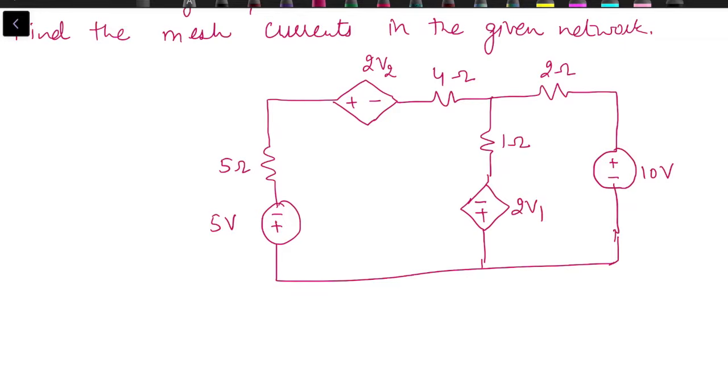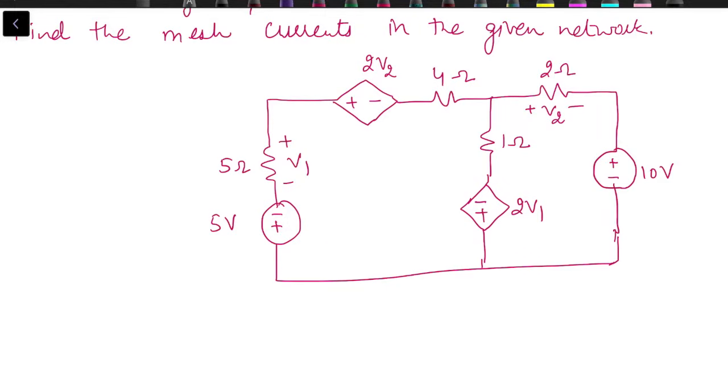So the circuit is quite similar to what was there in the previous question. V1 is the voltage across 5 ohm resistance. Its polarity is already marked in the question. V2 is voltage across 2 ohm resistance. Its polarity is also marked. So this is the problem given to us, and we have to find out the mesh currents.